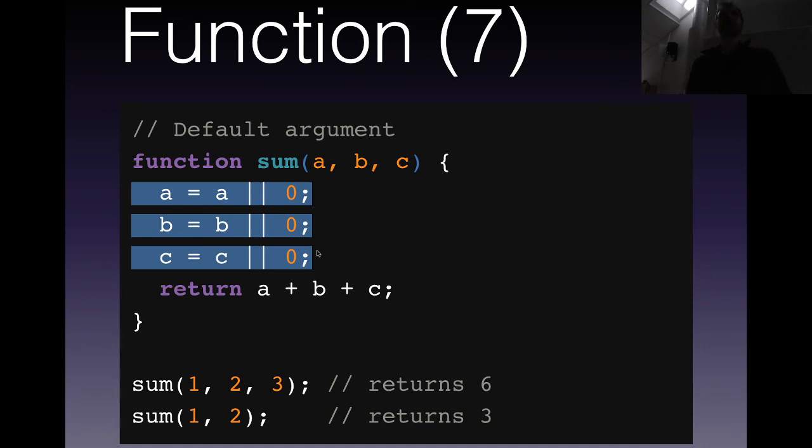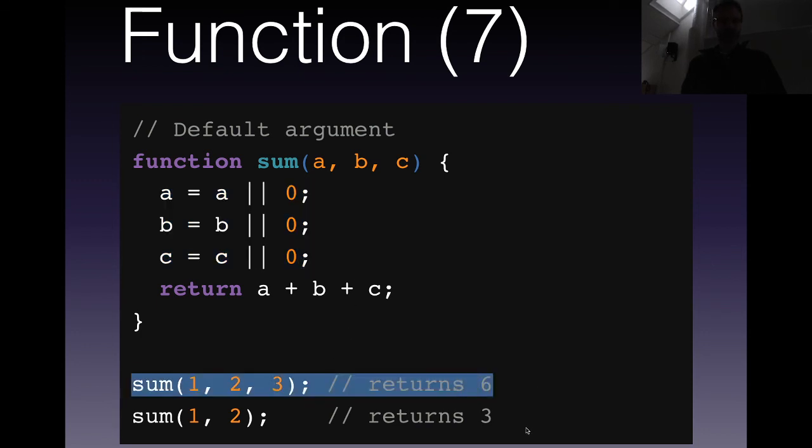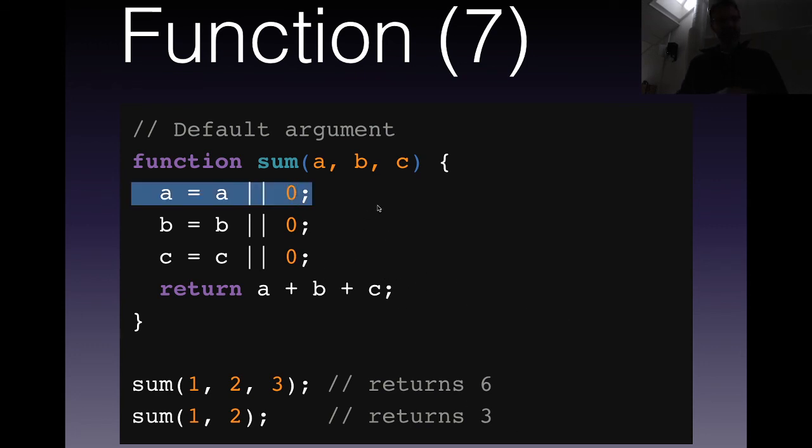I provide them all the actual argument, or if the argument was not there, give me a default value for it. So I make my function a bit more resilient, and now I can work with 6 or 3. This is a common way to see how people deal with incoming arguments and provide default values.